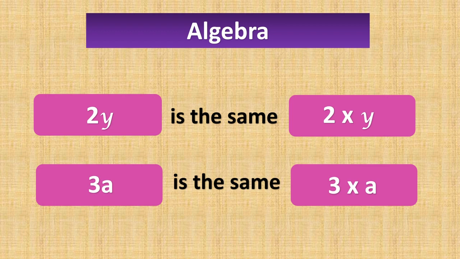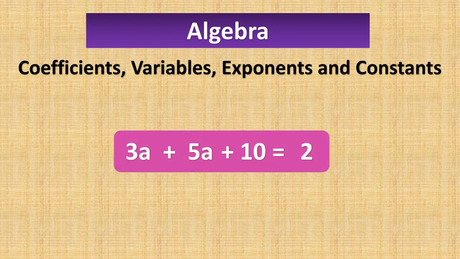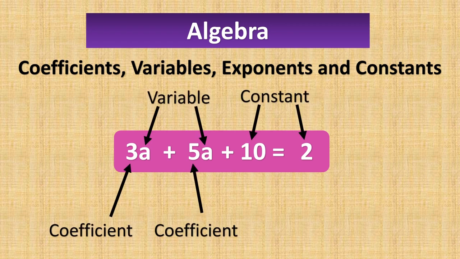Now let's talk about coefficients, variables, exponents, and constants. So let's look at this equation. 3a plus 5a plus 10 equals 2. In this equation, we have coefficients, variables, and constants. So what is a coefficient? A coefficient is a number that is right next to a variable.